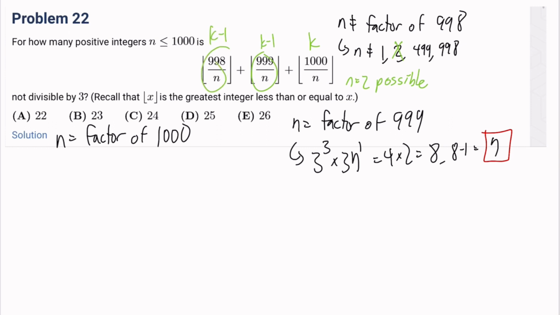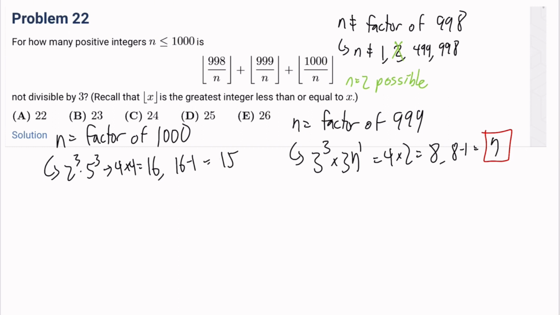And so n must be a factor of 1000, because then this won't be divisible by 3, right? So if n is a factor of 1000, how many numbers is that? 1000 is 2 cubed times 5 cubed, and so we have 4 times 4 equals 16 numbers here, and so we have 16 minus 1 equals 15 numbers. So we have 15 numbers here.